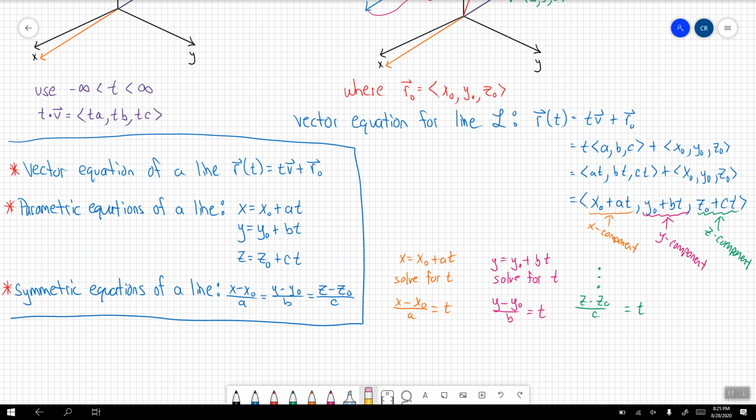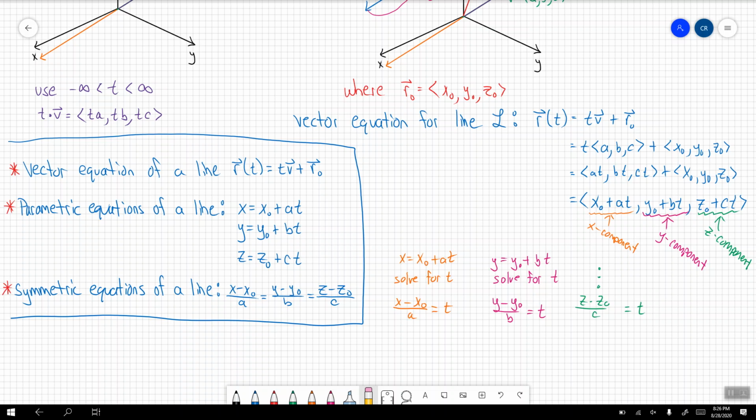And by that, I mean, let's go with that b coefficient. What if the b coefficient was 0? And it's completely possible for that b coefficient to be 0. However, when we work with a symmetric equation, we can't exactly divide by 0, right? We're not taking a limit here or anything, so that part will not be possible.